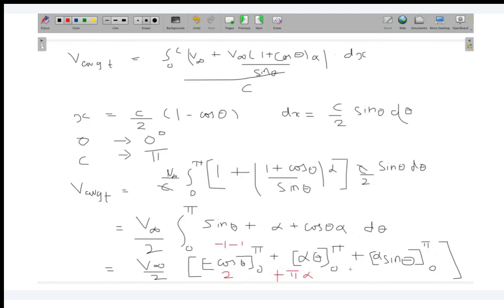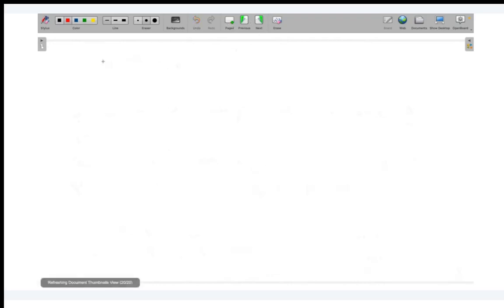So finally, your average velocity on the top will turn out to be v infinity by 2 into 2 plus pi alpha, right?